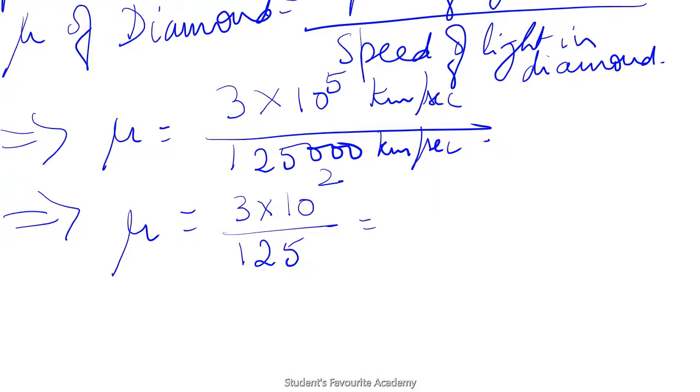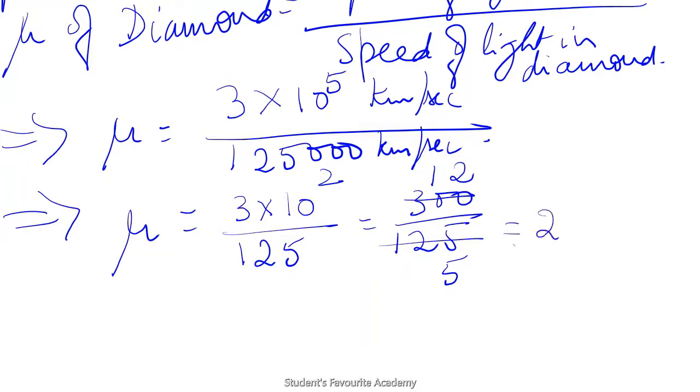Okay, so that is equal to 300 upon 125. 25 ones are 25, 25 twos are 50, so 12 upon 5. 5 twos are 10, 5 fours are 20.